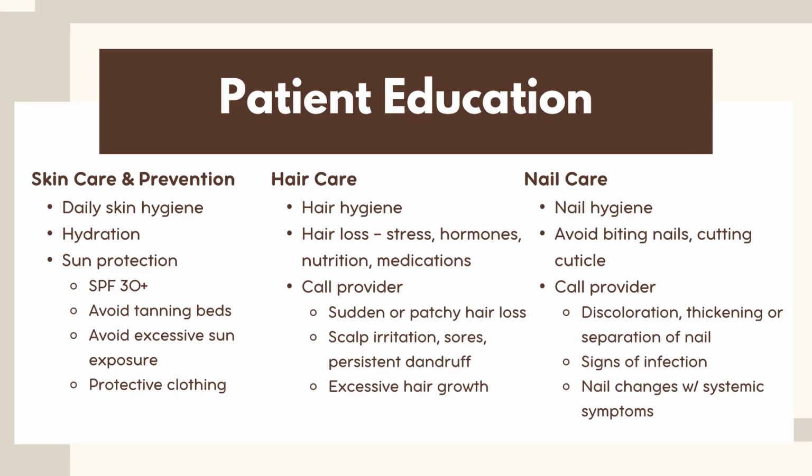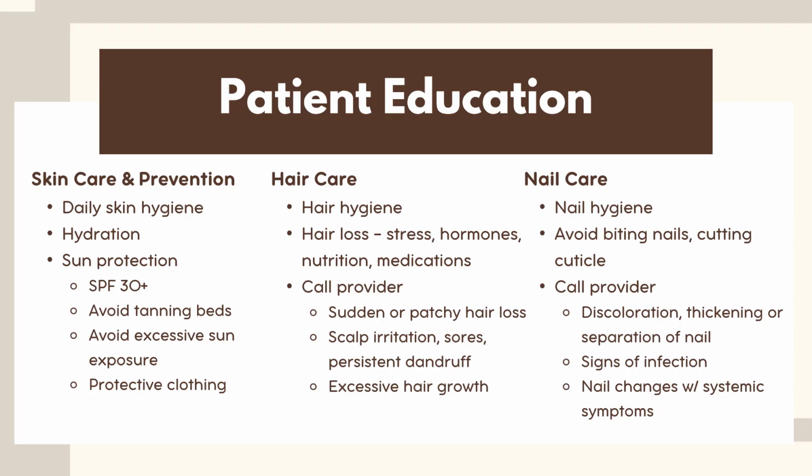We want to educate on avoiding tanning beds or excessive sun exposure. If they are going to be out in the sun, say maybe they're a landscaper or somebody who works outside, making sure they're utilizing protective clothing like sun hats, long sleeves, long pants, just to help protect that skin from unnecessary sun exposure.